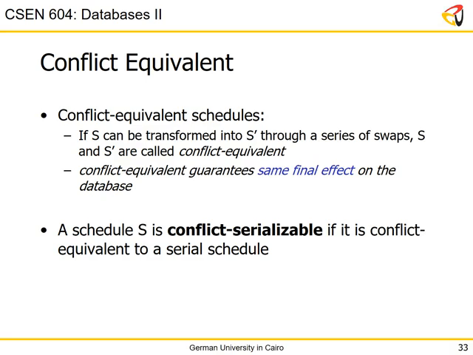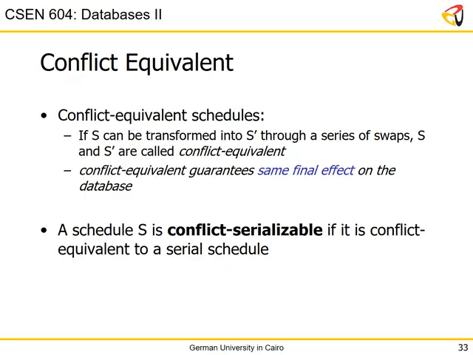So I'm respecting the conflicts between T1 and T2. And I decided to do it this way, T1 followed by T2. Now, any serializable schedule that would respect the conflict due to the conflicting steps between T1 and T2 is conflict serializable to the serial schedule T1 followed by T2.